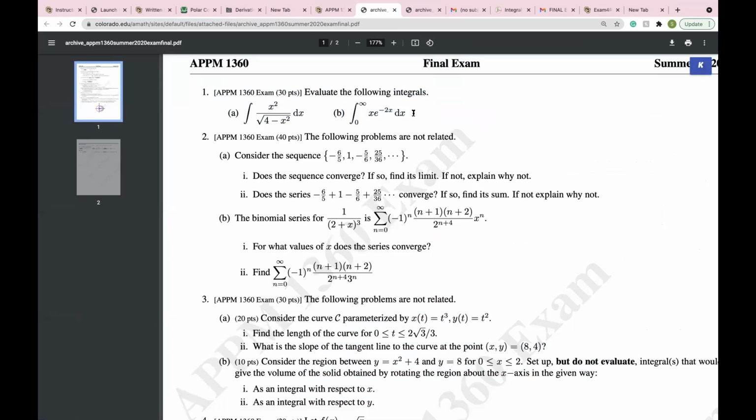But when I do that, it doesn't end up getting the answer that the key provides, and I'm just confused why. So maybe we could walk through that problem. Yeah. So we'll check. You should get a finite value.